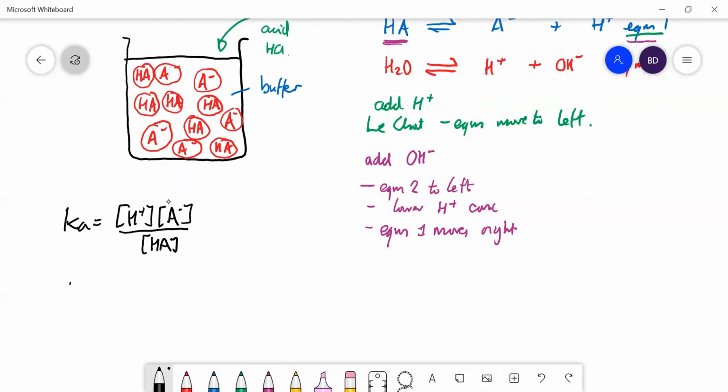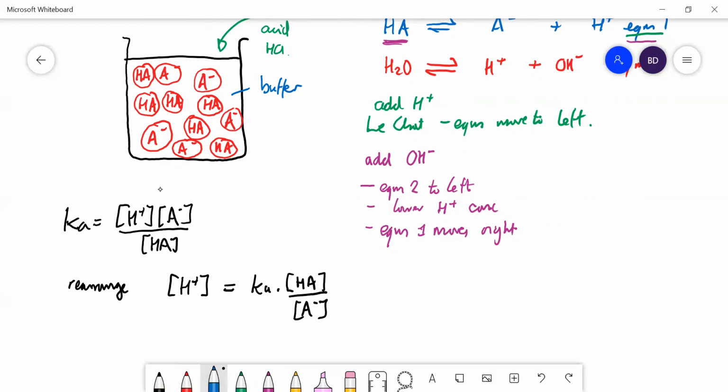So I'm going to rearrange to make H plus the subject of that equation. So H plus concentration, which of course is going to give us pH, is equal to Ka multiplied by HA over A minus.